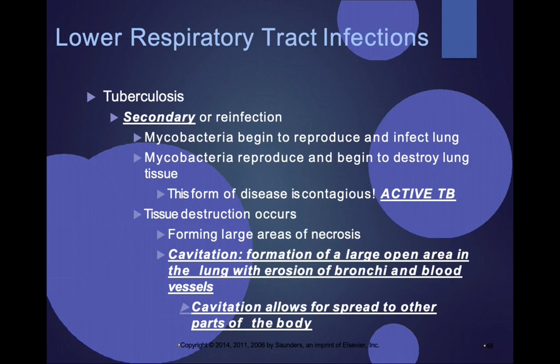And when that happens, cavitation allows for the spread to other parts of the body. That's why we saw it in the bones, we saw it in the kidneys. Okay? So in primary TB, right, it's not really contagious, but in the secondary, it is contagious when it becomes active.